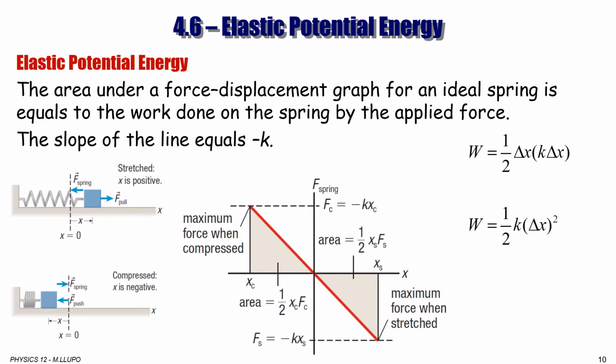We can say that work on each side is equal to half of k delta x squared. So we know that work is equal to change in energy, and this time the energy is elastic energy, and we find the formula for calculating elastic energy, which is half of k delta x squared.